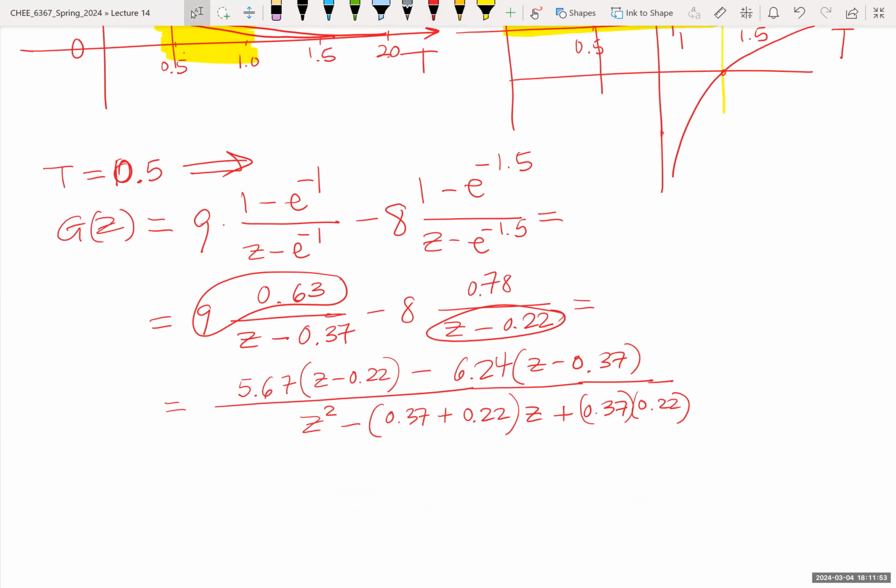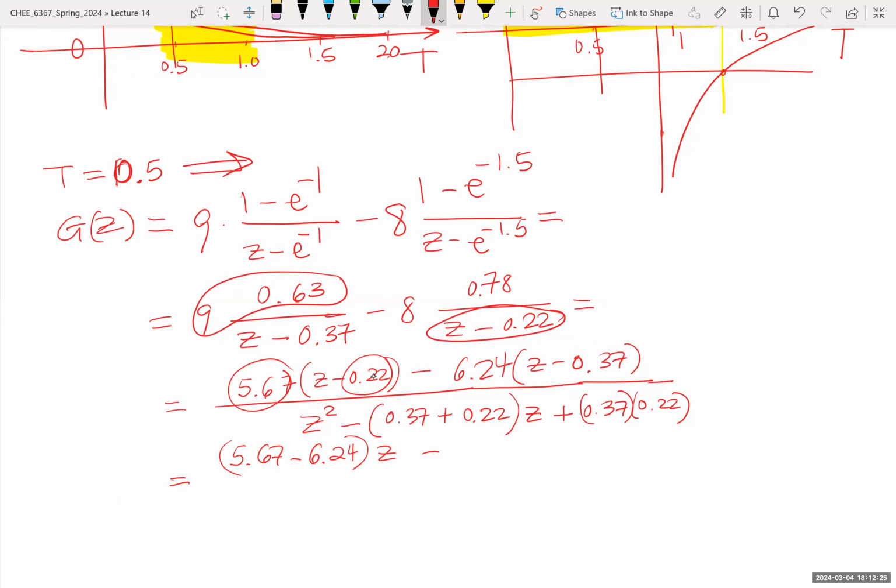Good. And let's do the whole thing in the numerator. So we have 5.67 minus 6.24, right? z minus, help me with this, 5.67 minus 0.22. What is that again?